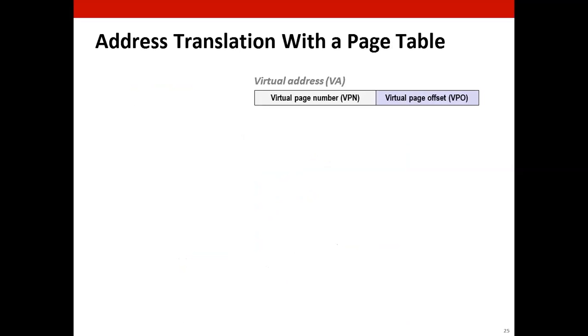Now let's have a closer look into what address translation actually is. This is our virtual address that is composed of 2 parts, the virtual page number and the virtual page offset. In the first step of the mapping process, we are going to use a part of that address, the virtual page number, to index into our page table.